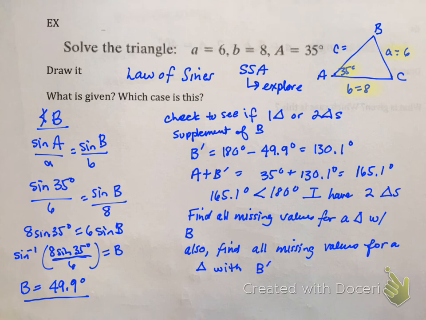So I'm going to have to find C complement and side C complement. Okay, so we have some work to do, and the rest of it is actually not that bad.